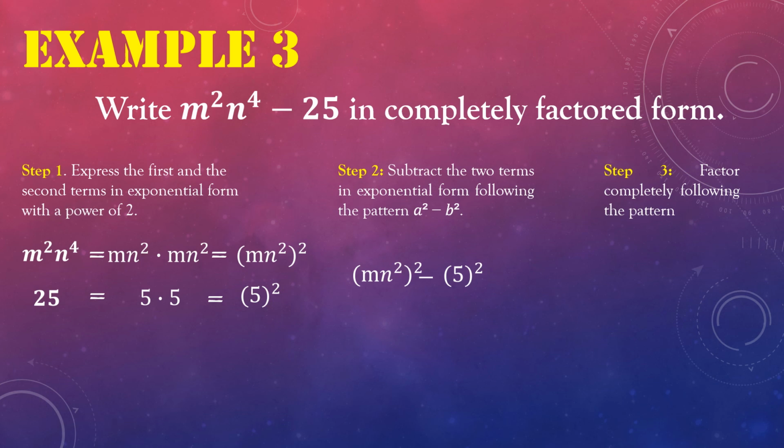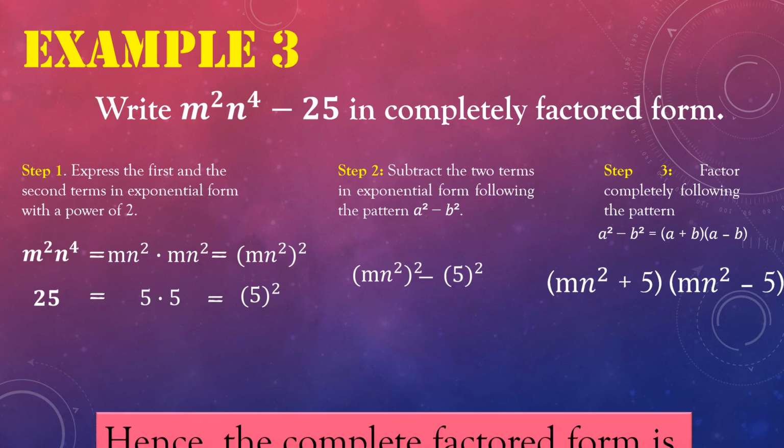Step 3. Factor completely following the pattern a squared minus b squared is equal to a plus b times a minus b. So, the factors of the expression are m n squared plus 5 and m n squared minus 5.